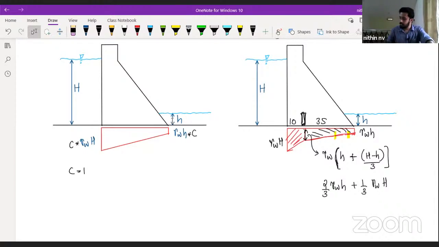It is just for taking the water out, since some seepage water may be there. It's like a tunnel in a very big dam, as simple as that. We will not give too much space because it will reduce the stability, because the weight of the dam is getting reduced whenever we make a tunnel. So just calculate the first one, just calculate the second one, then take the difference.